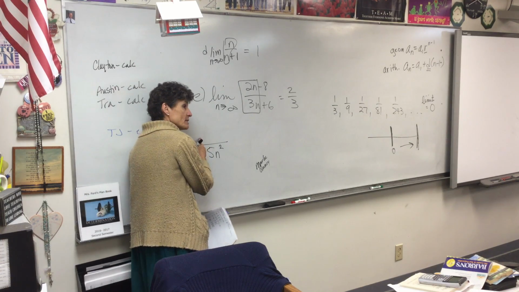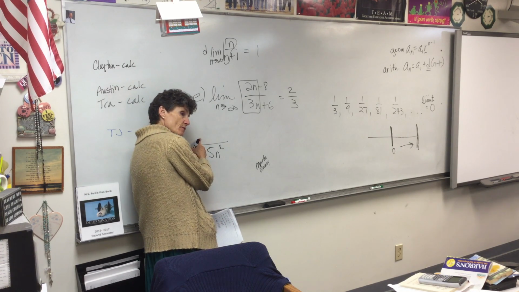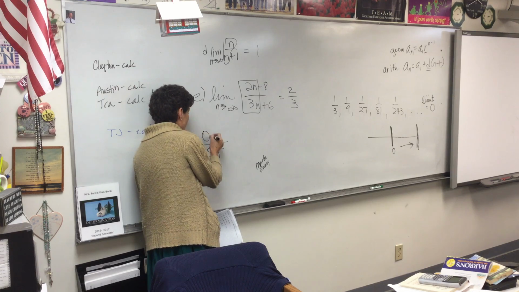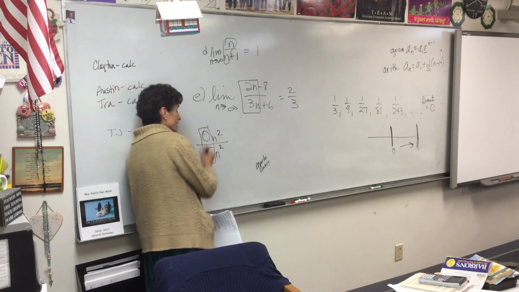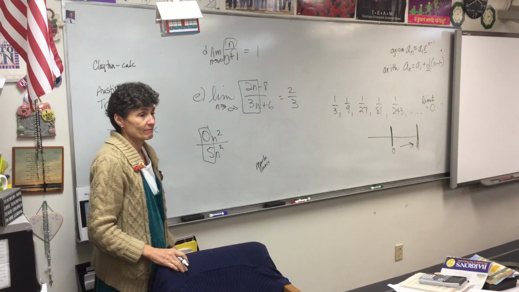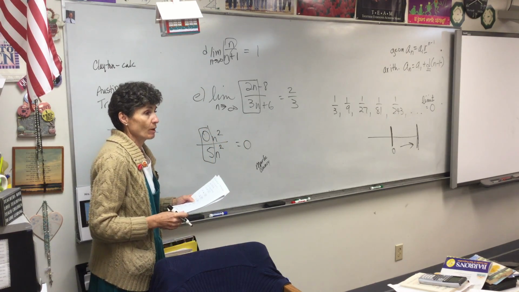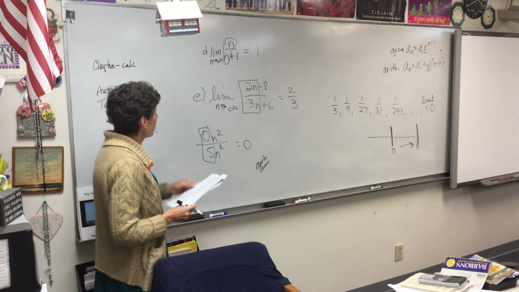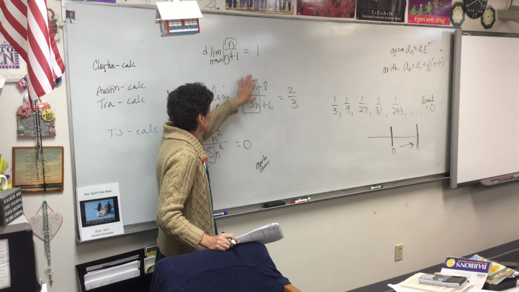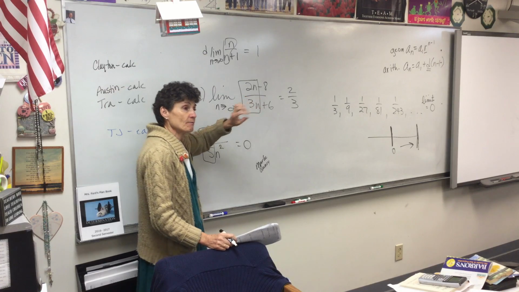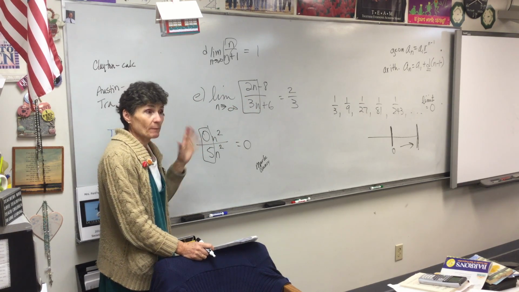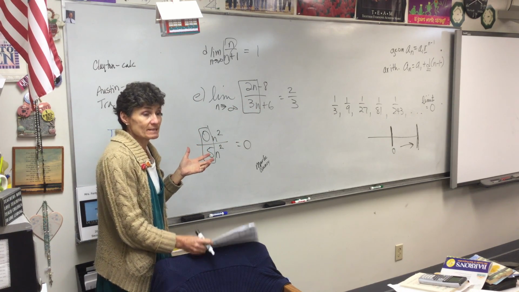How many do I have on the top? How many n squareds on the top? 0. So there's your fraction, kids. What's 0 over 5? 0. So the limit of that one is 0. If your powers match, then it's easy. If they don't match, then you got to put a 0 in where it's missing.